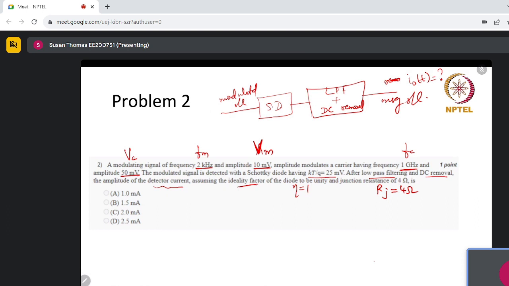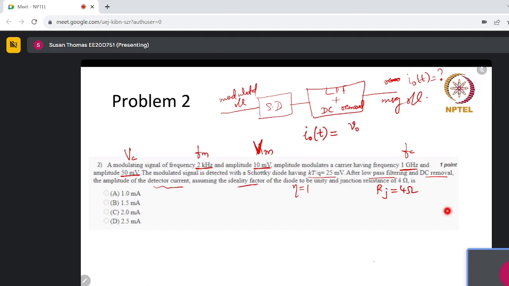Before solving this question, I have something to make a note of. So you know what is the output of this?